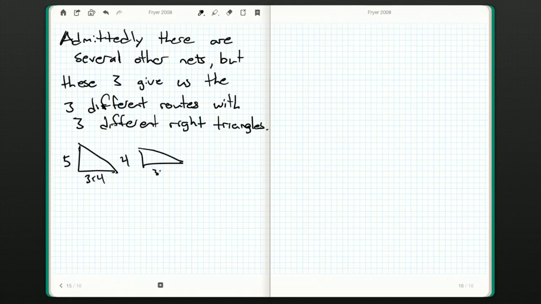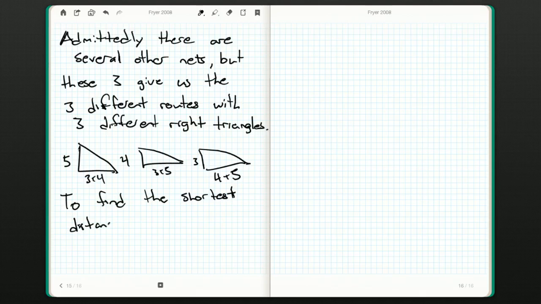We had 4 and 3 plus 5, or 3, 4 plus 5. So to find the shortest distance AG, we need the shortest hypotenuse.